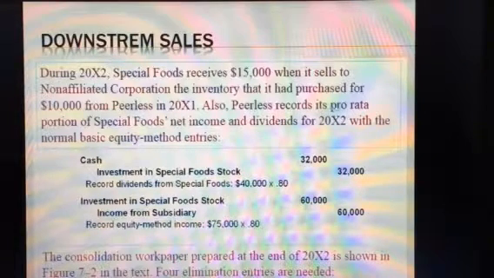Also, Barless records its pro-rated portion of Special Foods' income and dividends for 2020 with the normal basic equity method. So this is the method we use. Cash 32,000 to investment in Special Foods stock 32,000, investment in Special Foods stock to income from subsidiary 60,000.